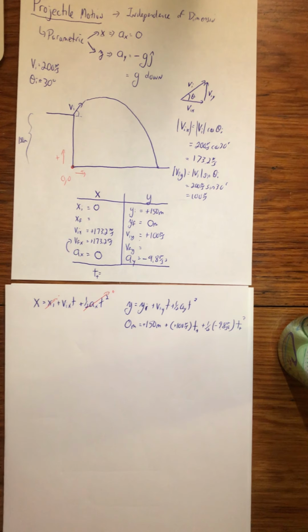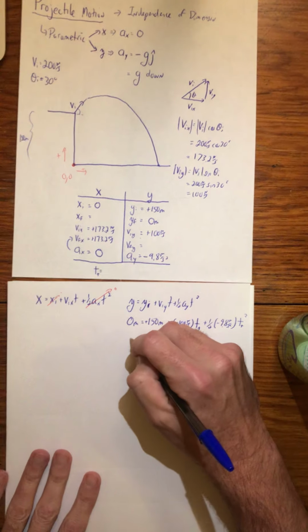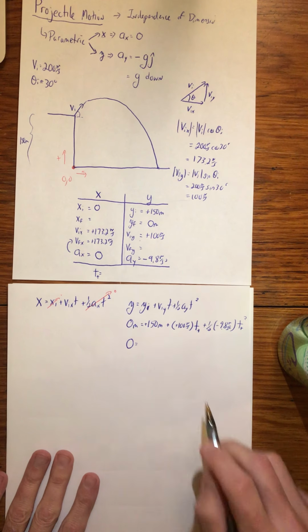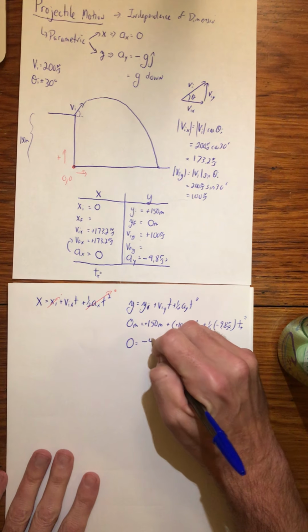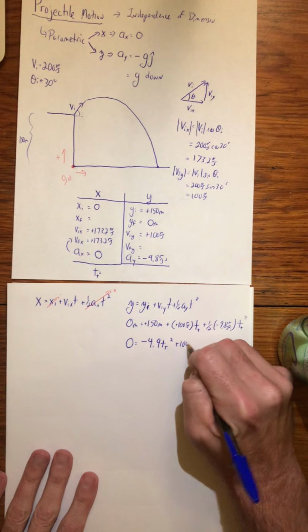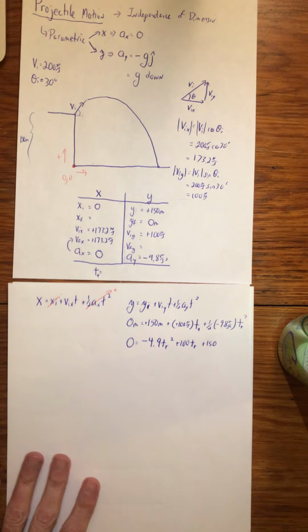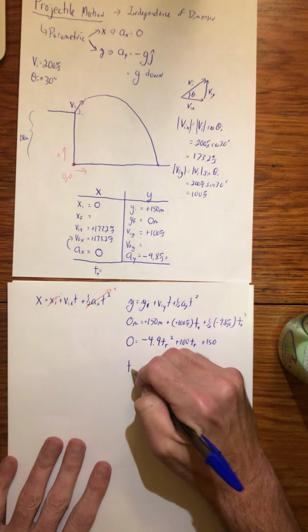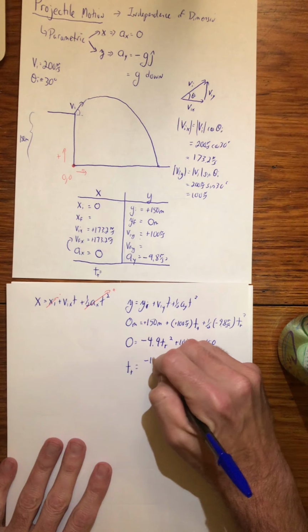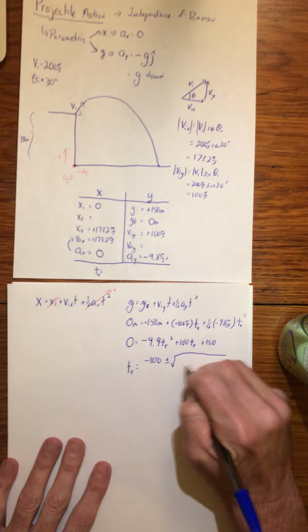Boom. And so when I look at this, I'm like, okay, well, that's just a standard quadratic equation. I'm just going to put it into normal form there, just to make it a little bit easier. Negative 4.9 t total squared, and then this is plus 100 t total plus 150. You have calculators. I'm just going to do the quadratic equation real quick. I guess I could have just fired up Desmos and put it in there.